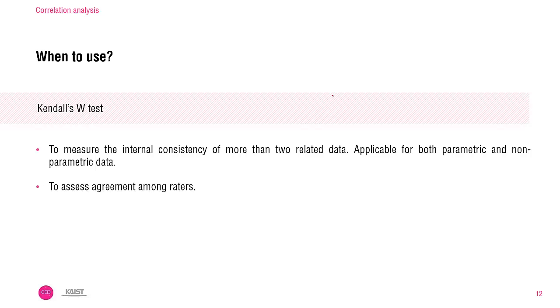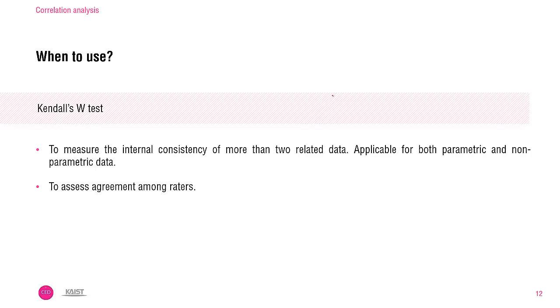It is applicable for both parametric and non-parametric data. And it is very practical to assess the agreement among raters. Imagine that you have provided several design items to a group of design people and let them rank the designs in order of their preference.